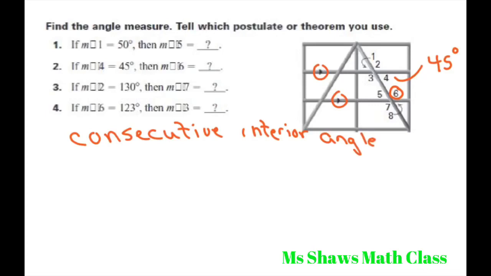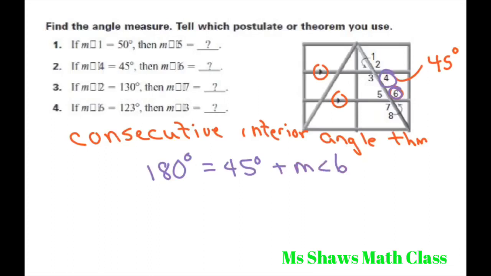And that means they're, I'm just going to write THM for theorem, these are supplementary. So basically you take 180 equals 45 degrees plus the measure of angle 6.